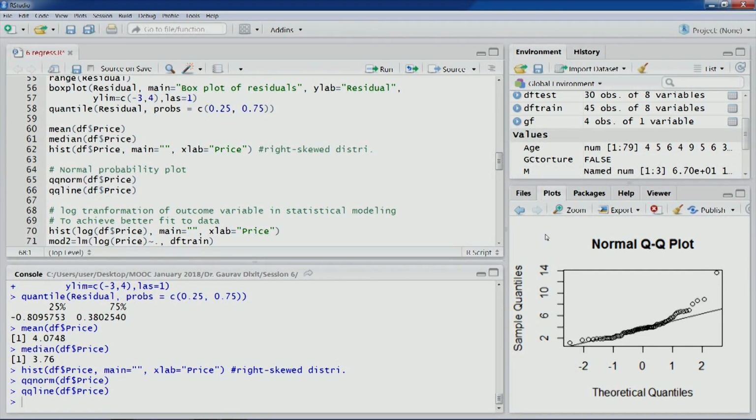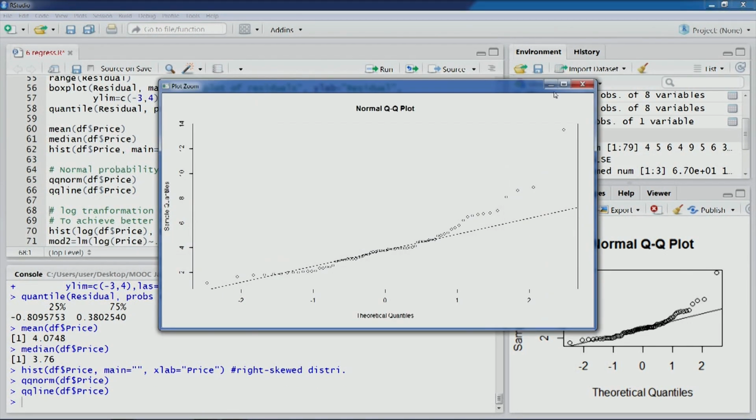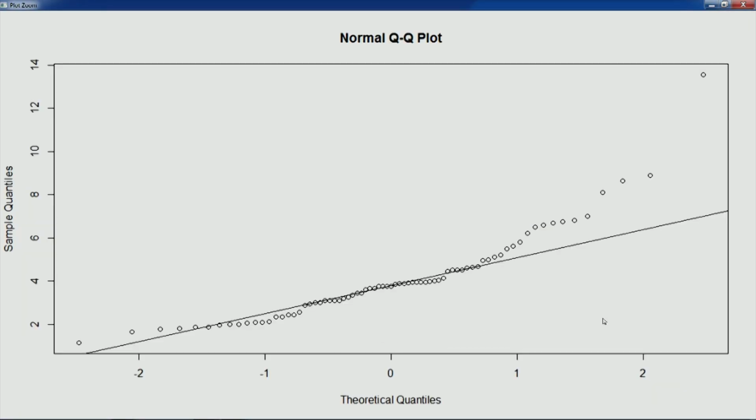So this is the line. In the normal QQ plot, as we move from left to right, on the right part many observations start deviating from the reference line that we have just drawn, indicating the right skewness.